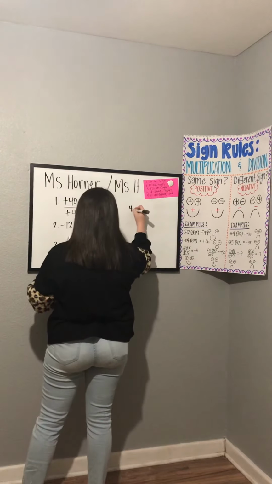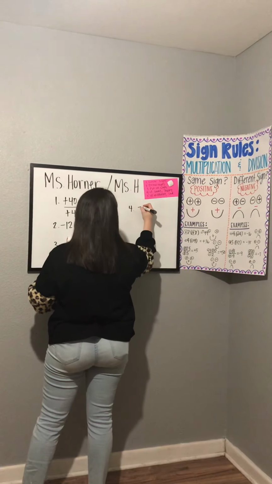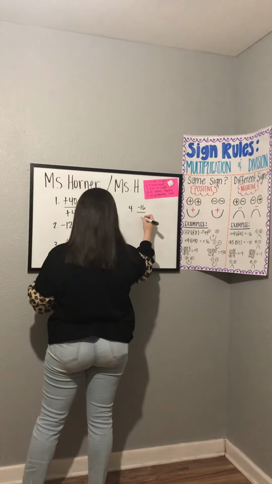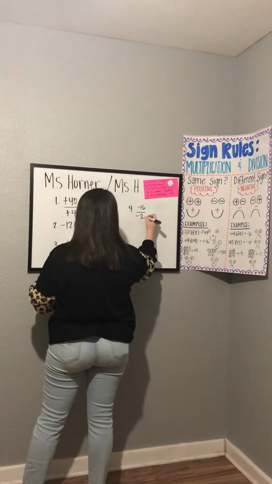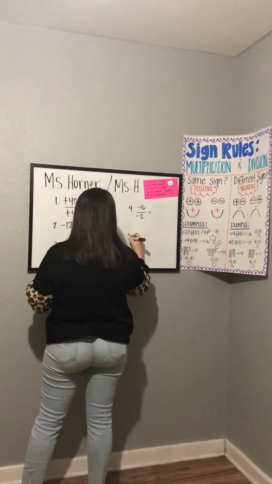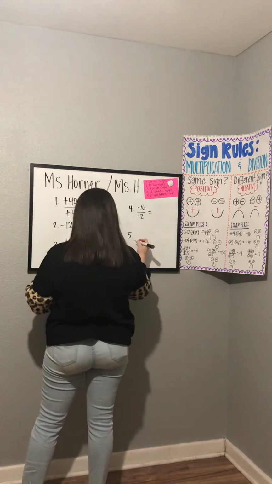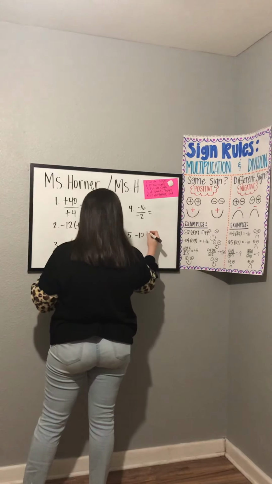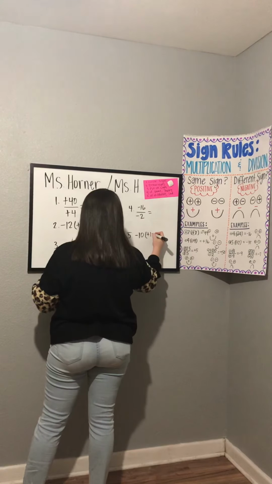Number 4 is a negative 16 divided by negative 2. And number 5 is a negative 10 times a positive 10.